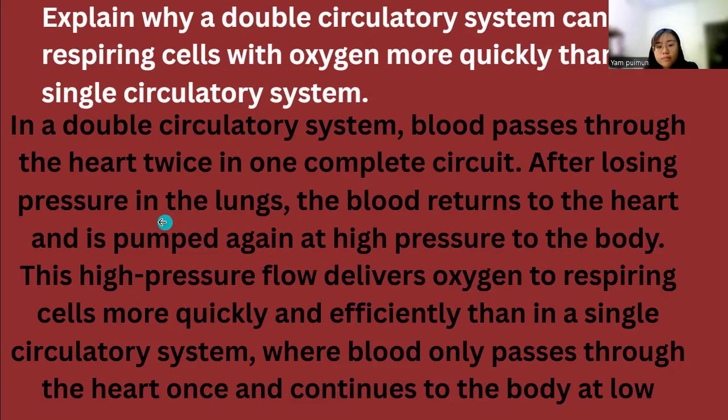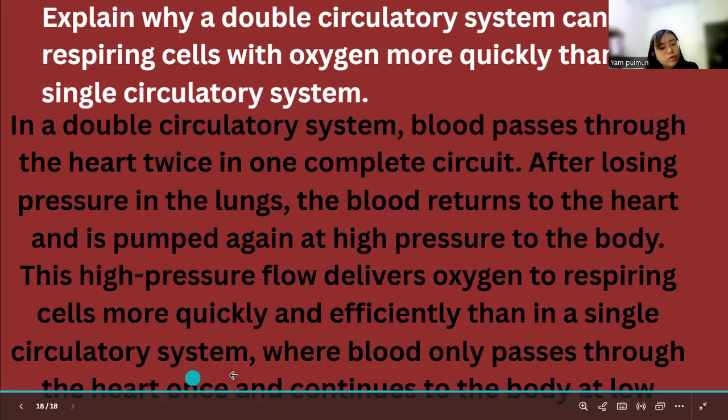So after losing the pressure in the lung, the blood returns to the heart and is pumped again at very high pressure. The very high pressure is to make sure that the oxygen can be delivered to our cells as quickly and efficiently as possible, more than in a single circulatory system, where the blood only passes through the heart once and continues to the body at very low pressure.